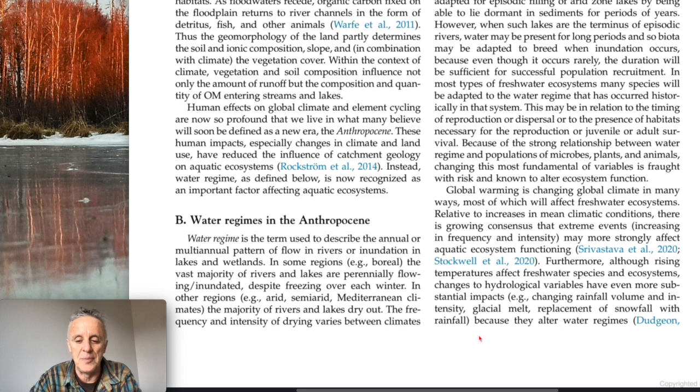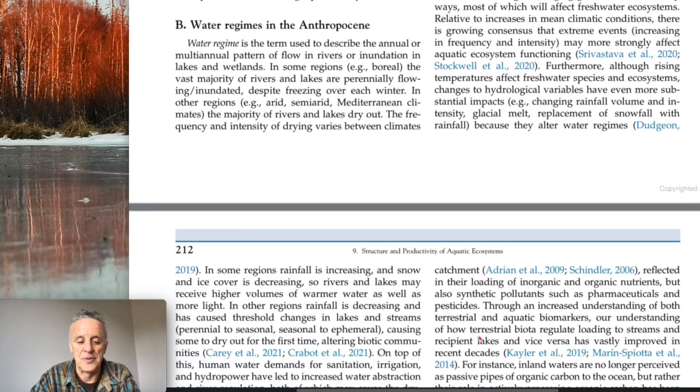Relative to increases in mean climatic conditions, there is a growing consensus that extreme events may more strongly affect aquatic ecosystem functioning. Furthermore, although rising temperatures affect freshwater species and ecosystems, changes to hydrological variables have even more substantial impacts because they alter water regimes.